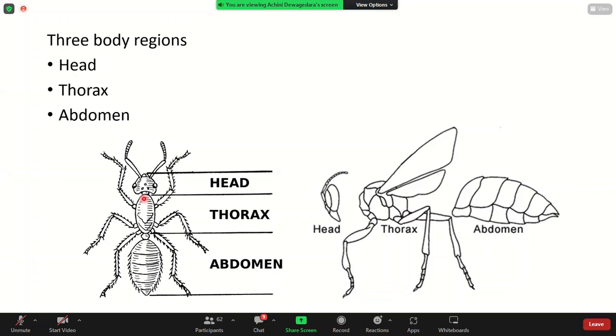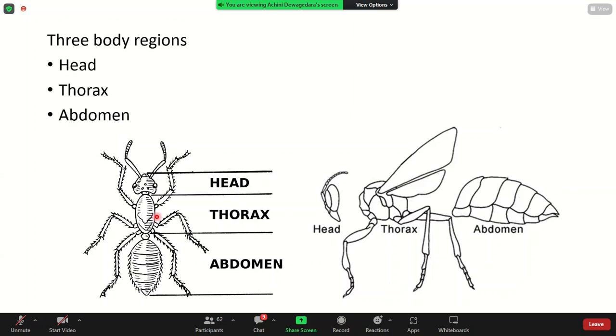Okay. As the external organs, we can see legs and wings. So what is the function of this thorax? If you look at the head, I told you one of the main functions is to feed or consume food. If you look at the structures present in the thorax, can you say what is the main function of thorax?